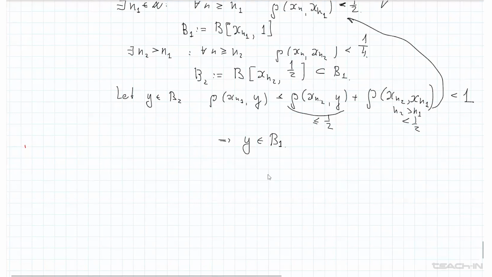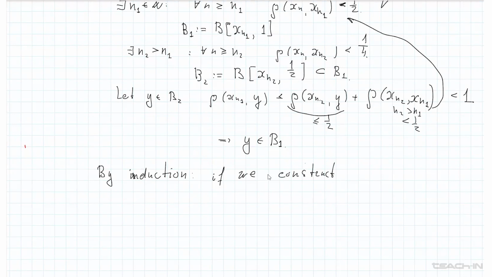And by induction, if we construct B1 nested B2 nested Bn, where Bk equals ball with center xnk, and radius we have 1/2 power k minus 1, the second 1/2, first unity radius.